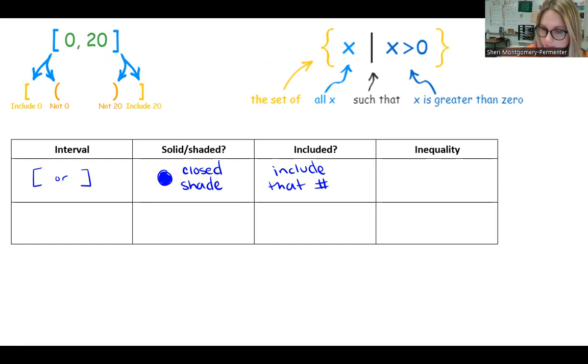And what it looks like for the inequality symbol, that's going to be the one that is either greater than or equal to or less than or equal to. So anytime that you have brackets, those go with these symbols.